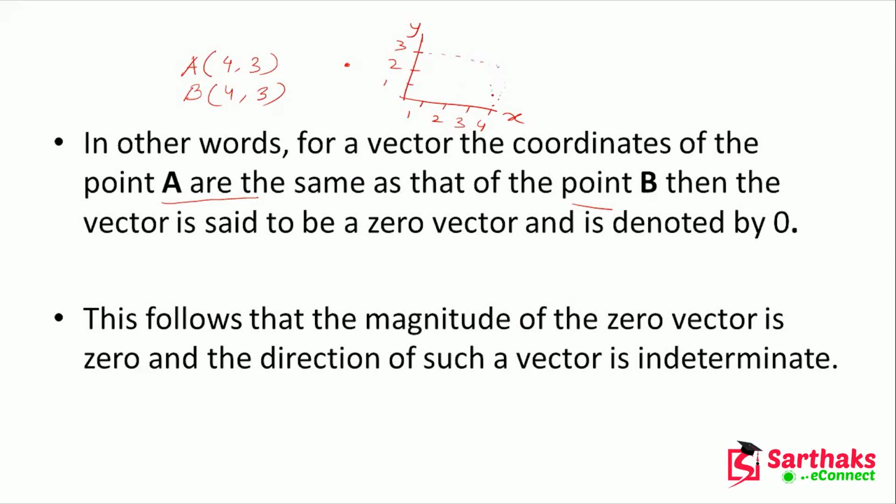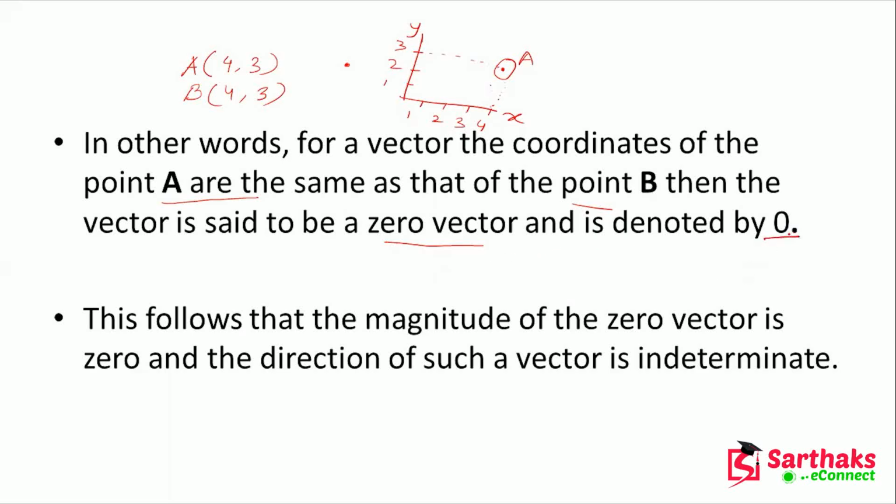So 4, 3, that means some point here, right? So the A point collides with the B point. So the coordinates of the point A are the same as that of the point B, then the vector is said to be zero vector, and it is denoted by 0.